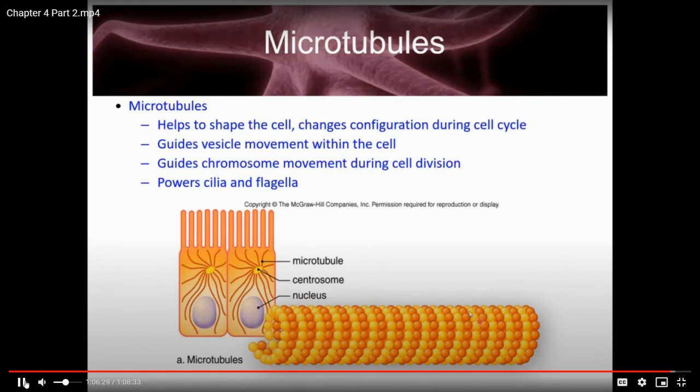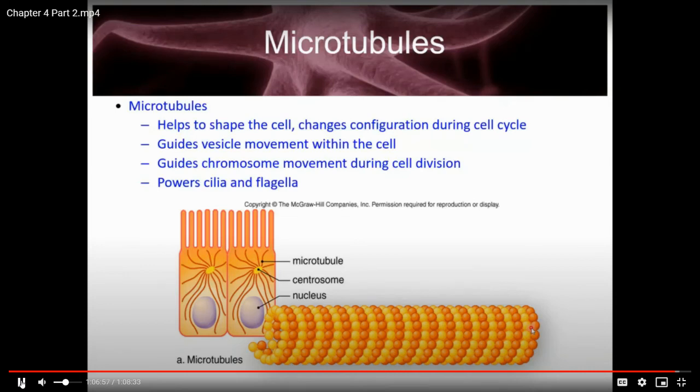And they have quaternary structure. Obviously, they make these long filaments. So they're a highway that's going to move things. Now, in this particular configuration, they're moving vesicles filled with proteins or whatever. Later, we'll learn that they also can be highways that associate with motor proteins to move chromosomes during cell division.